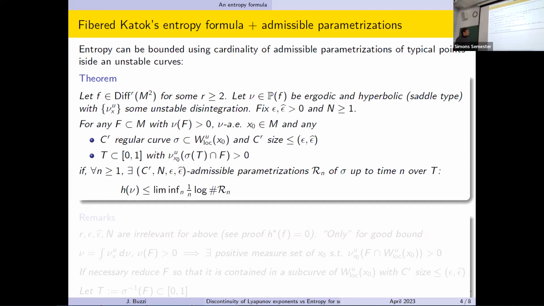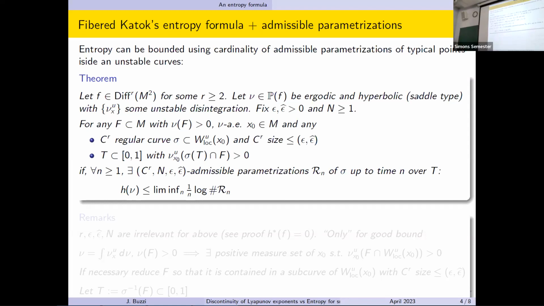Let's forget about big N. Here we have chosen some R, and if we get such a family of parameterizations, then we will have this bound: the entropy of this ergodic measure will be bounded by the growth rate of these parameterizations, that is, the number of their elements.